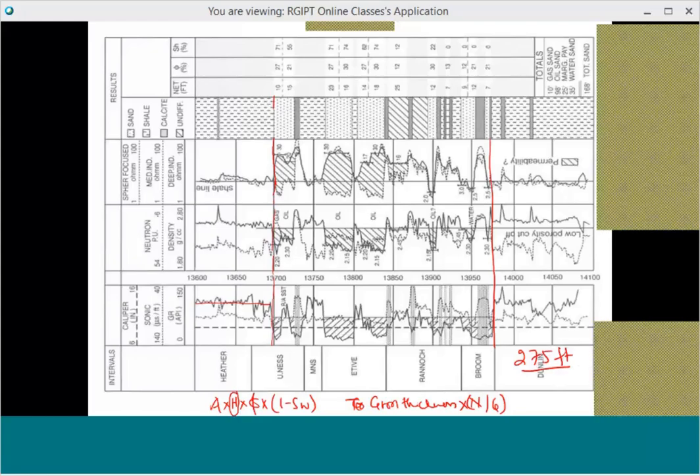Now, the thing is, not the entire formation has this sand which is contributing to your reservoir. Not the entire section. How much it has is only some of these sands, which is like, put it here.